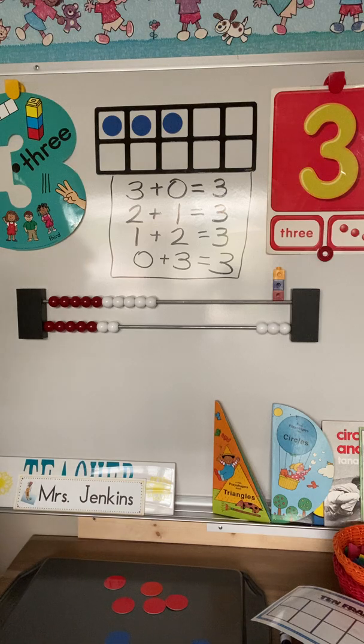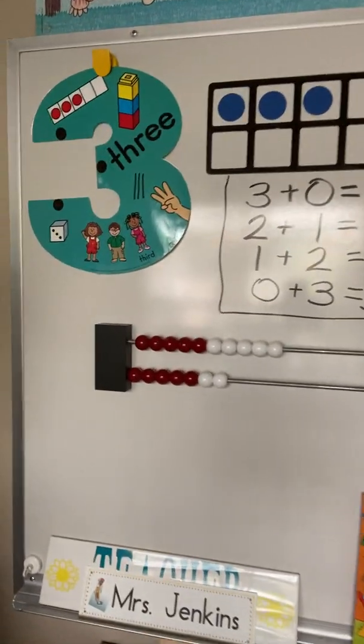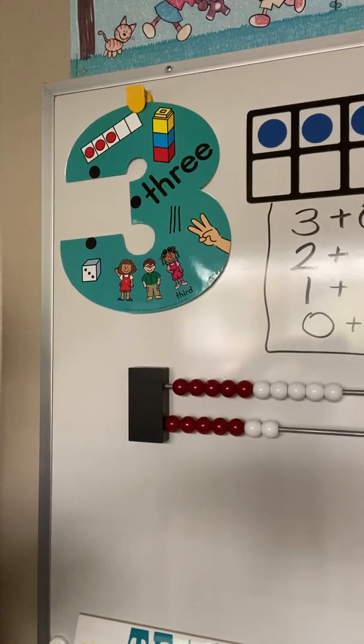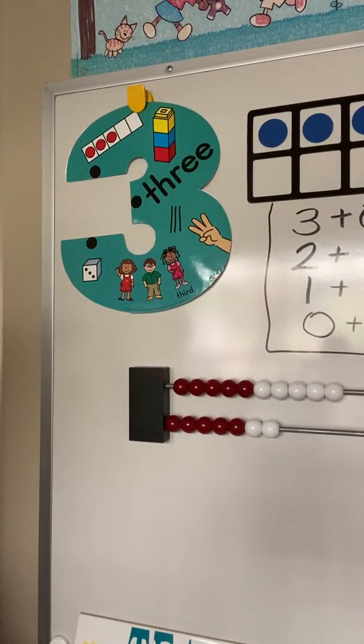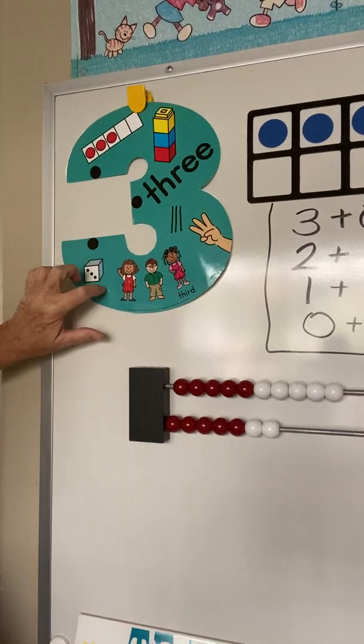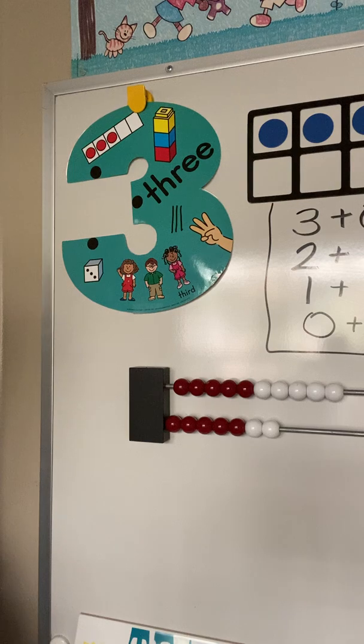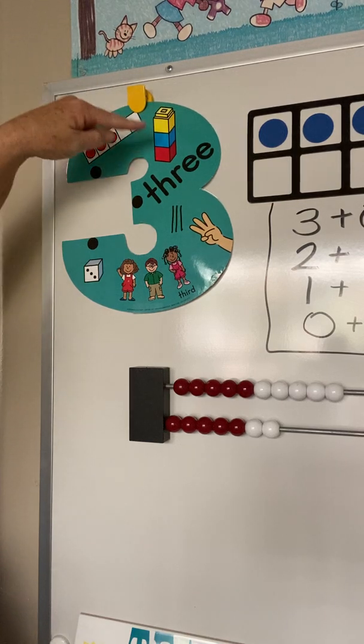And then the last thing I like to show you is my really cool 3 poster. I only have 1, 2, 3, 4, 5, because these didn't go up to 10, but it shows 3 counters on a 5 frame, 3 Unifix cubes.